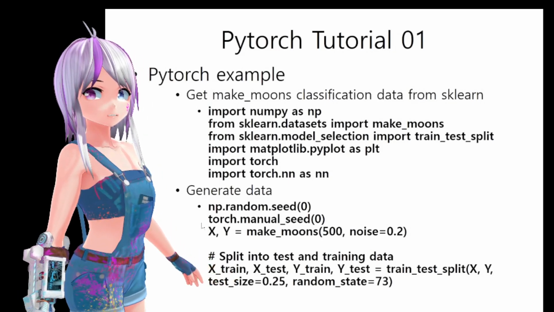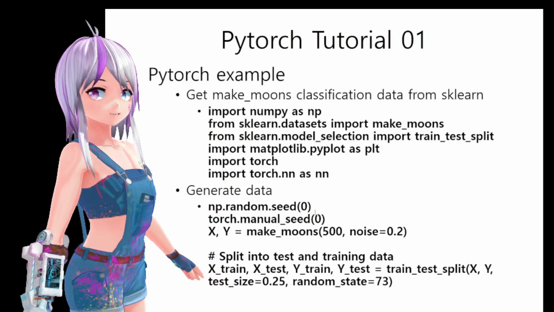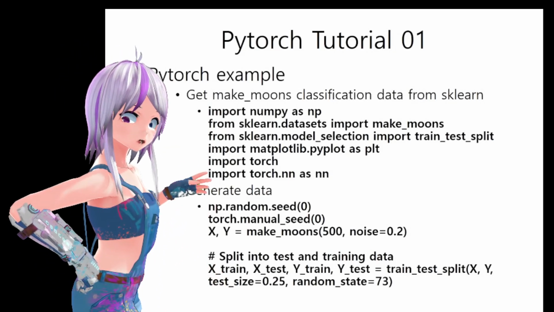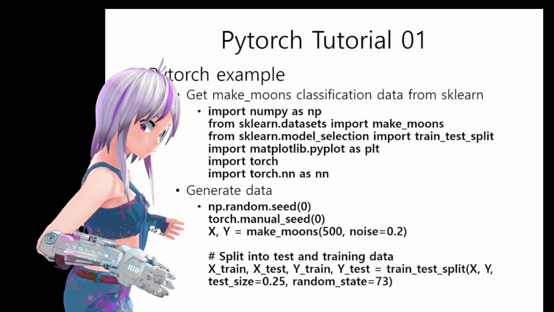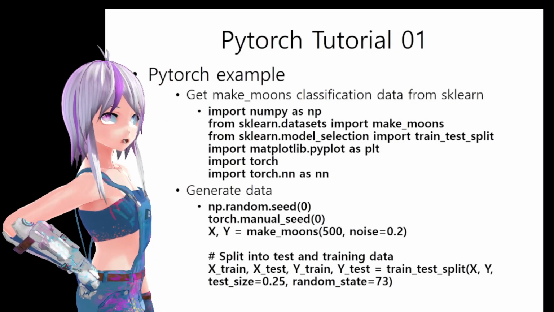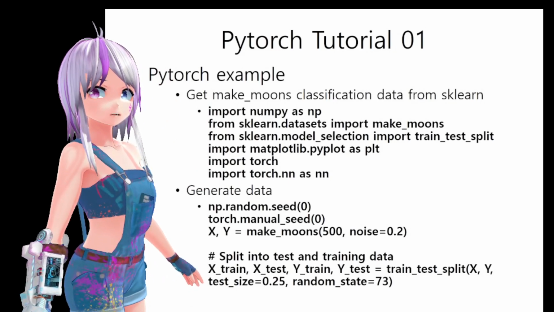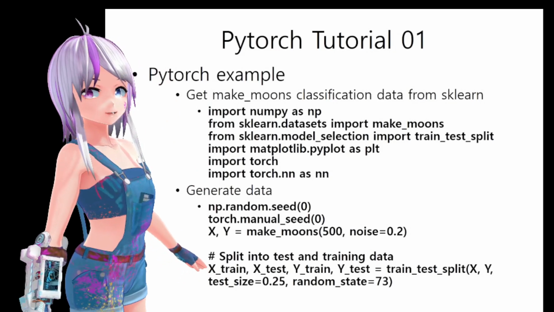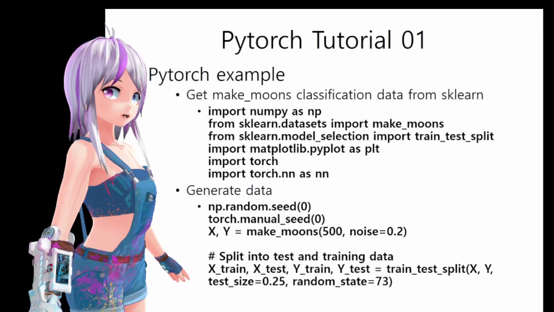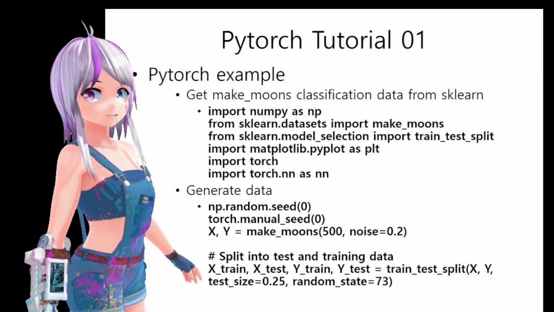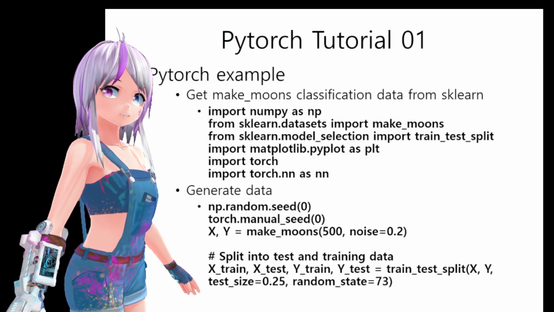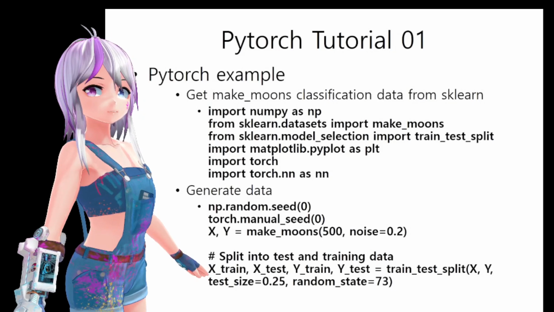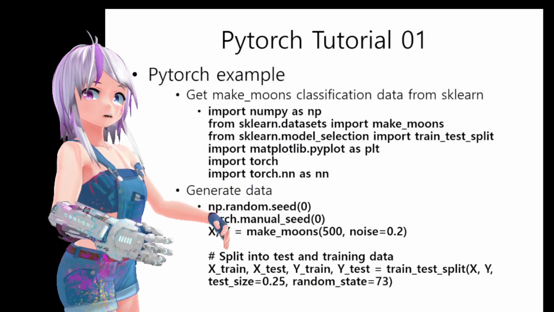So here x and y give you a nice xy coordinate of data, which actually makes something like a positive set and negative set. Okay, so it's like a waveform, like a tag shape.